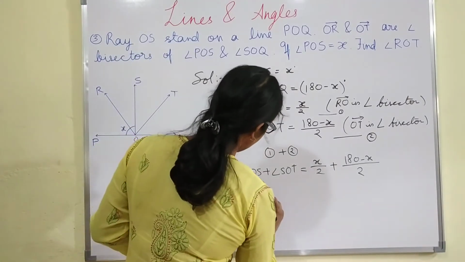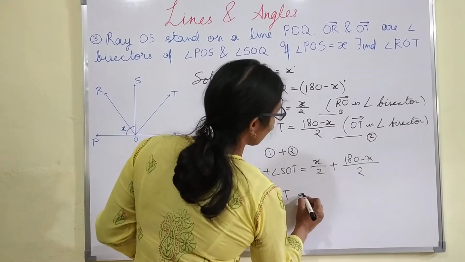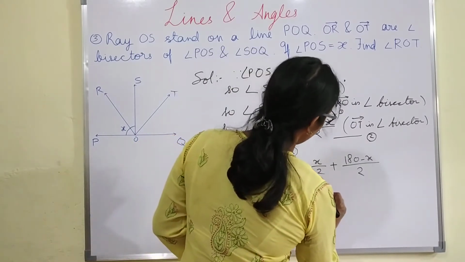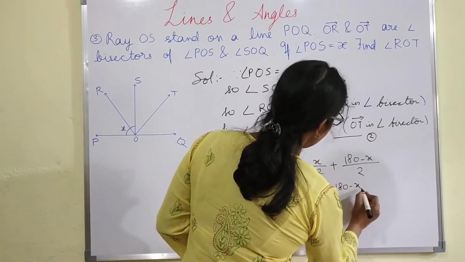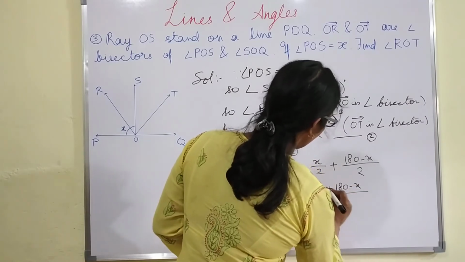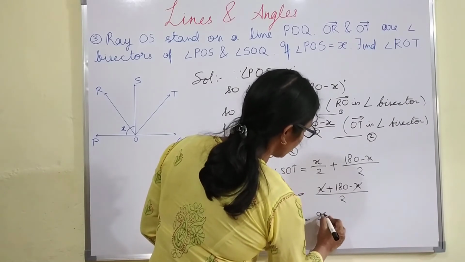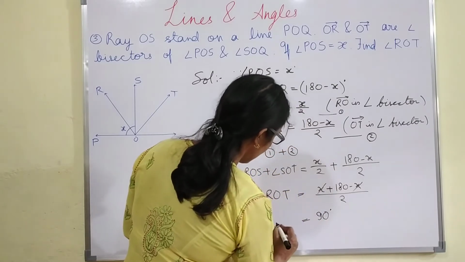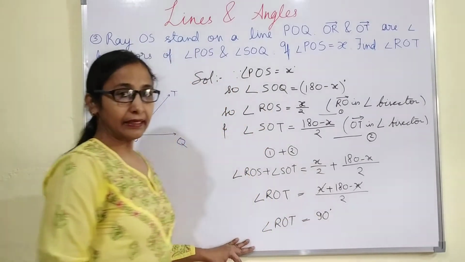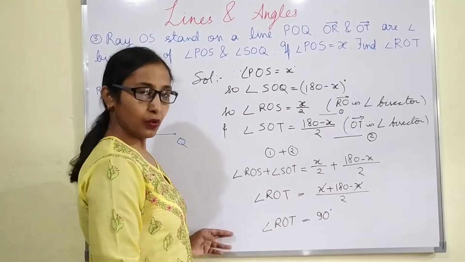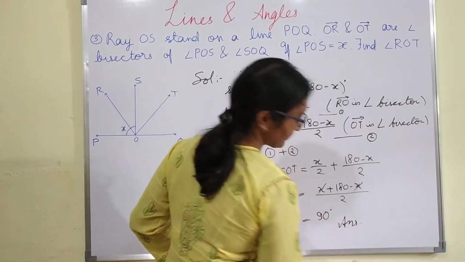So we will write angle ROT equals x plus 180 minus x upon 2. Cancel, means ROT equals 90 degrees. Angle ROT equals 90 degrees. Okay, it's our answer.